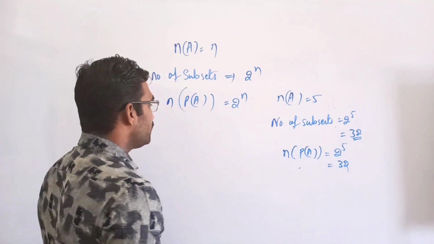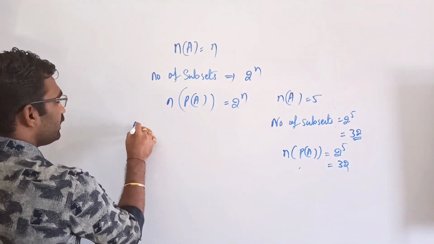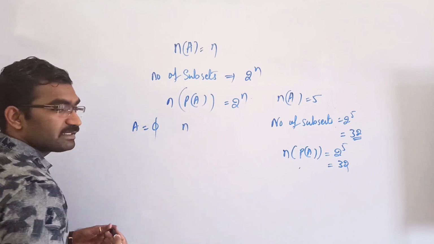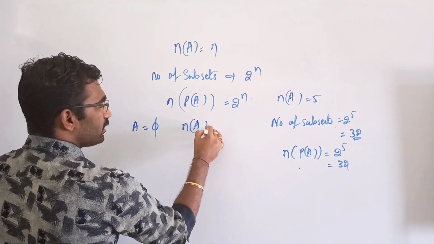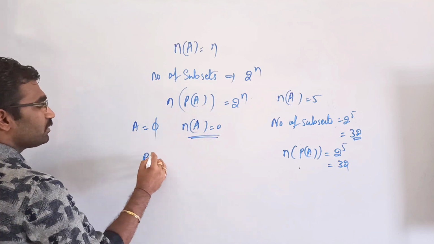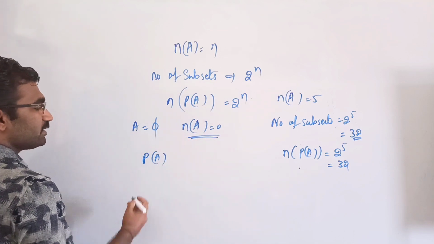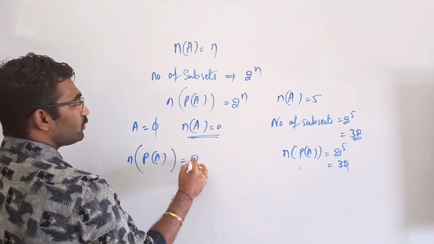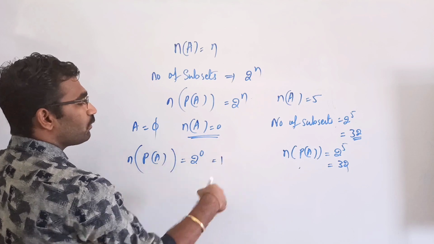If I consider the set A to be the null set, that means the number of elements in the set A is 0, meaning there are no elements present in the set. If they ask the number of elements in the power set, it is 2 raised to 0, that is nothing but 1.